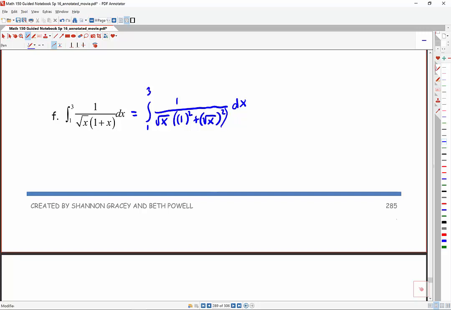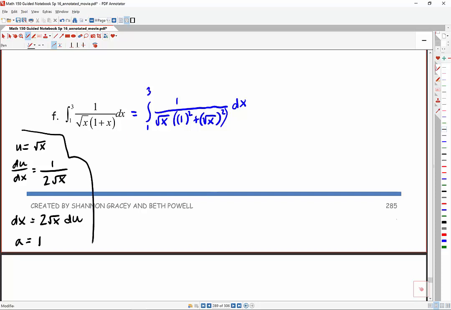Okay, so that means that my u would be root x, and du dx is going to be equal to 1 over 2 root x. So isolating dx will have 2 root x times du, and our a is going to be 1.